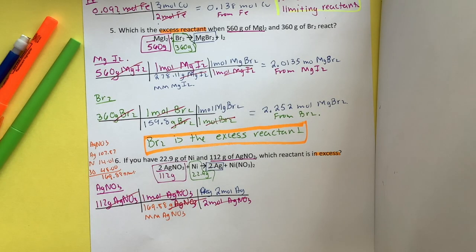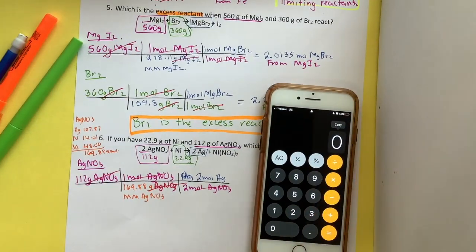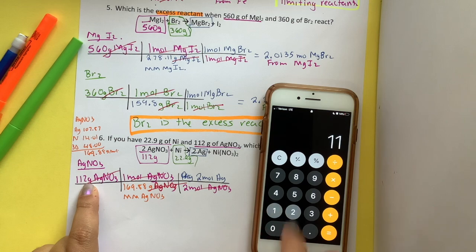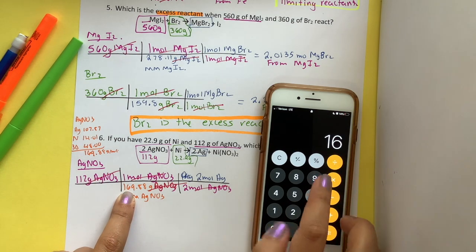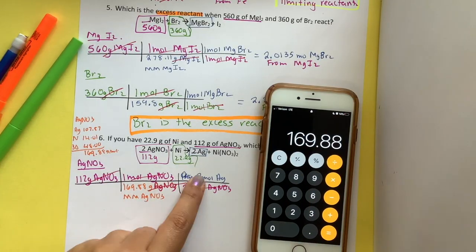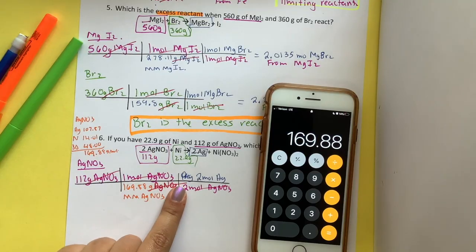So now what I'm going to do in my calculator is get 112. Okay, let's do it together. I'm going to do 112. Anything at the bottom, I'm going to divide. So divided by 169.88 times 2 divided by 2. I don't really have to do that because that will give me a 1.